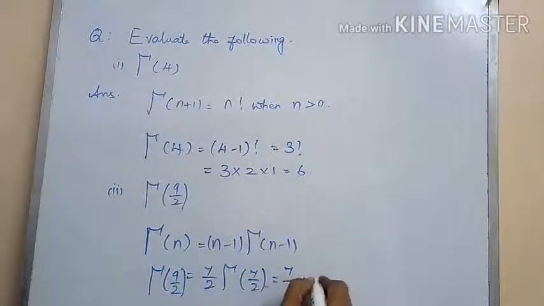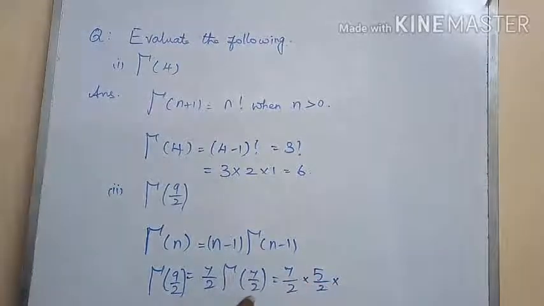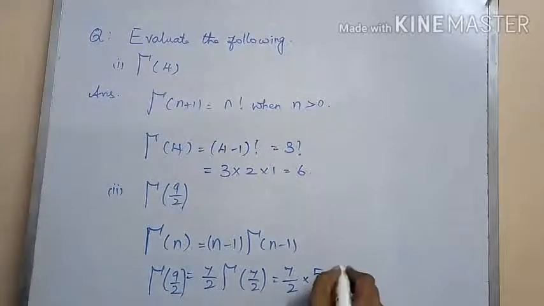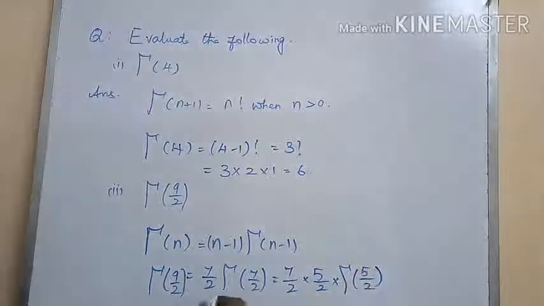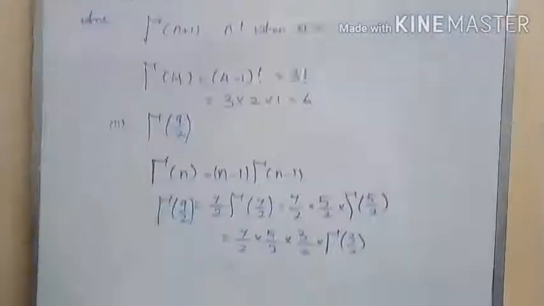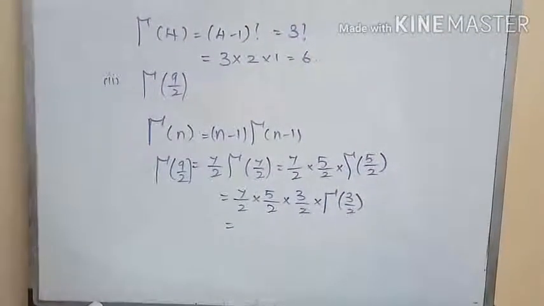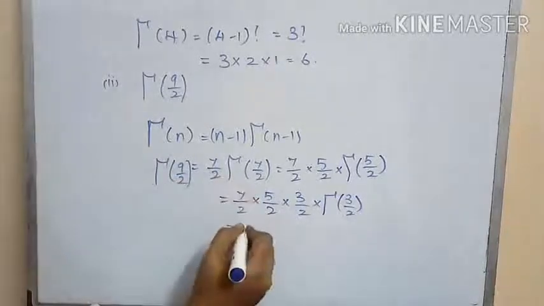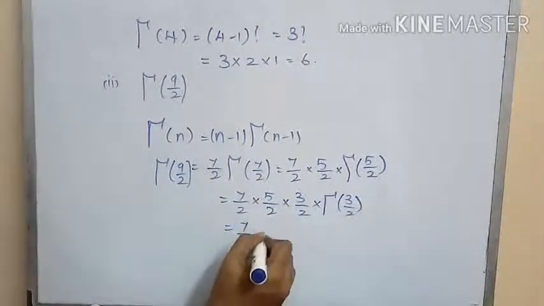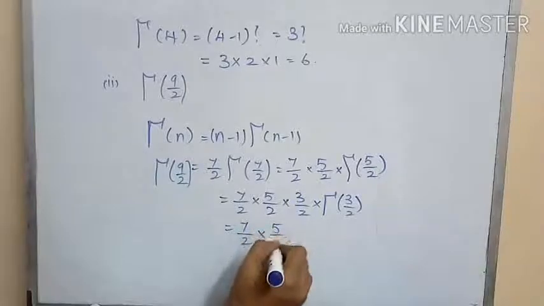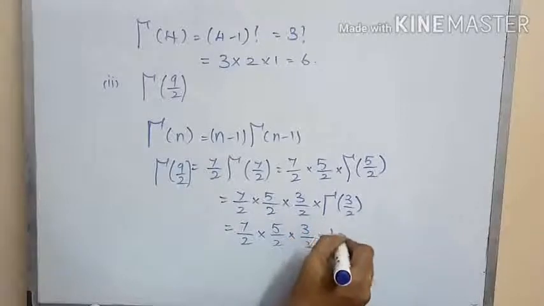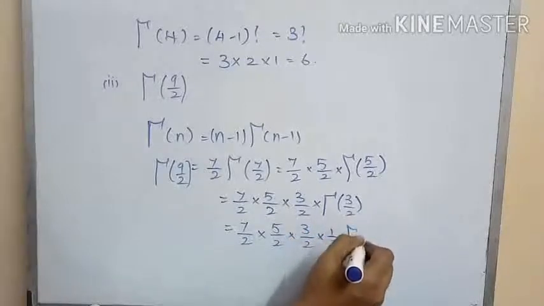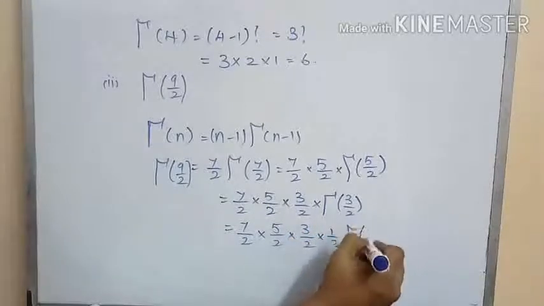This can be further written as 7 by 2 into 5 by 2 into gamma of 5 by 2. So further simplifying, we get 7 by 2 into 5 by 2 into 3 by 2 into gamma of 3 by 2. So we have 7 by 2 into 5 by 2 into 3 by 2 into 1 by 2 into gamma of 1 by 2.